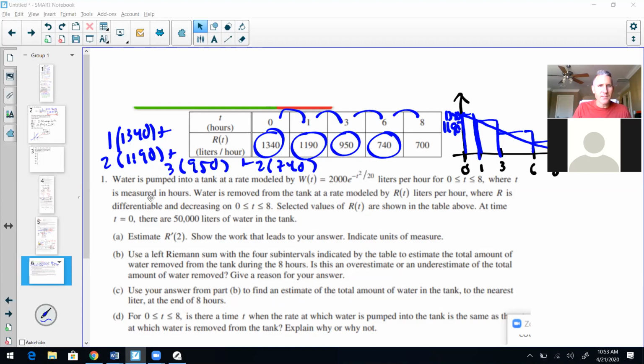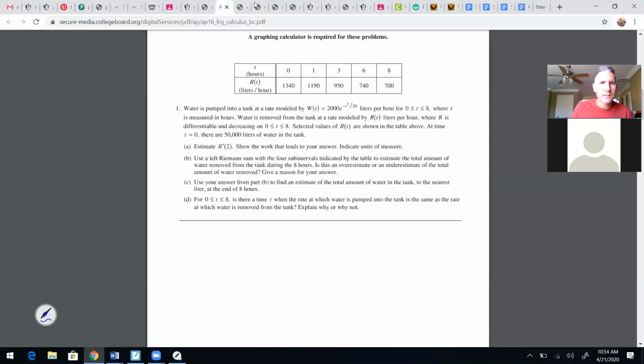And R of t, they tell us, is differentiable, therefore continuous and differentiable on the interval. So if we had that W of t is greater than R of t for some value, and W of t is less than R of t for another value, which is really W of t minus R of t is greater than 0, and W of t minus R of t is less than 0 at certain t values, then that would be enough information to determine that they were exactly equal to each other at some point. So let's see what they have for that.